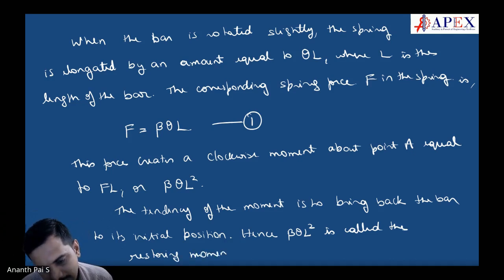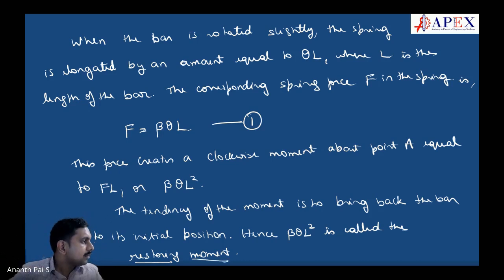You should see similar restoring moments in floating bodies. When there is a floating body, what is the restoring moment? It is the buoyancy force into the distance between G and M. Is it not?